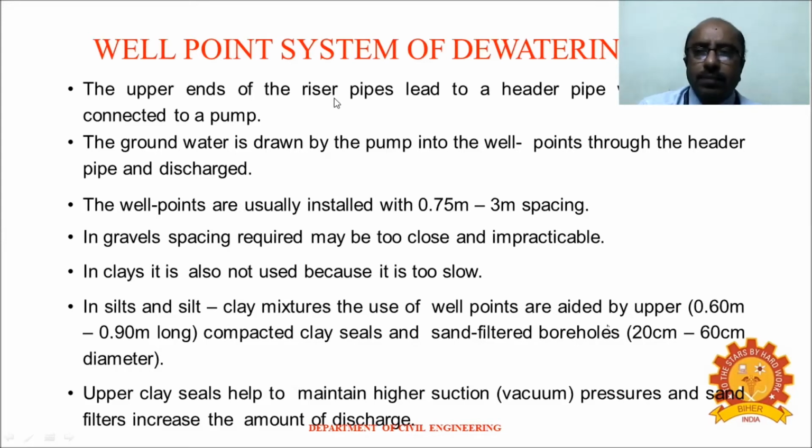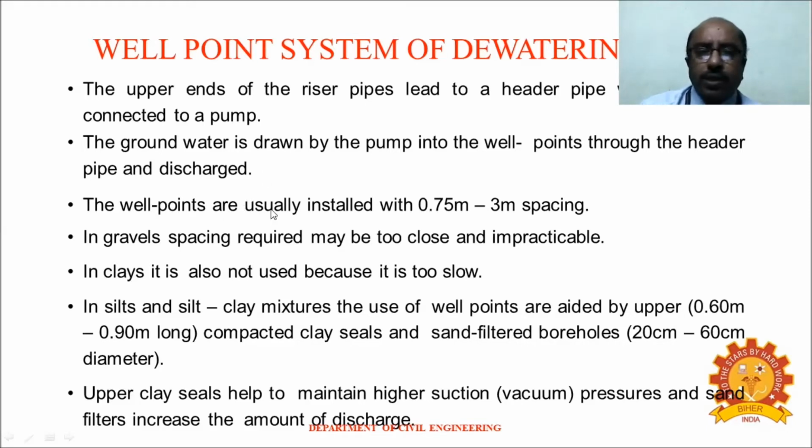So the pump will be pumping the water from these riser pipes and it will discharge to a longer distance. Because of the pumping, the groundwater is lowered, as the drawing is done by the pump and discharged through the header pipe.